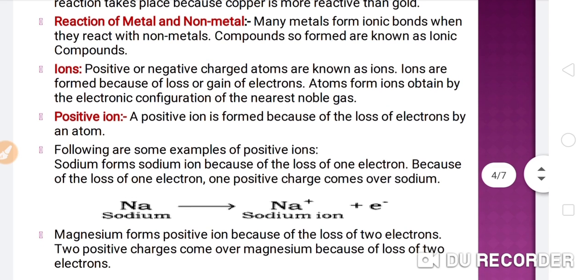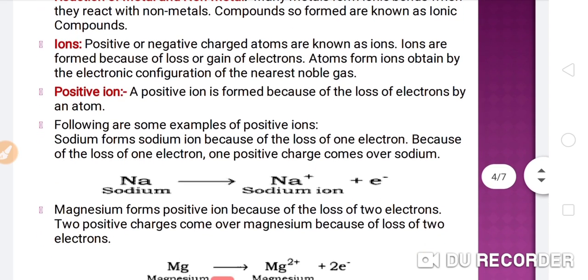A positive ion is formed because of the loss of electrons by an atom. Following are some examples of positive ions. As you know, the electronic configuration of sodium is 2, 8, 1, with atomic number 11.